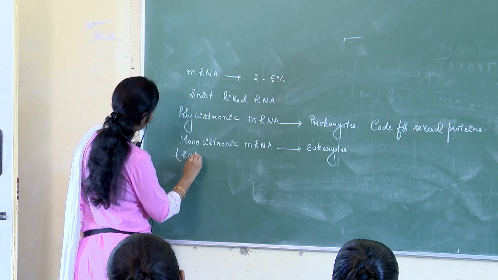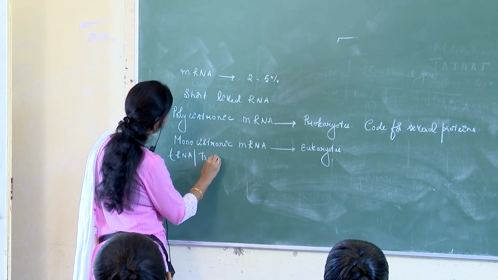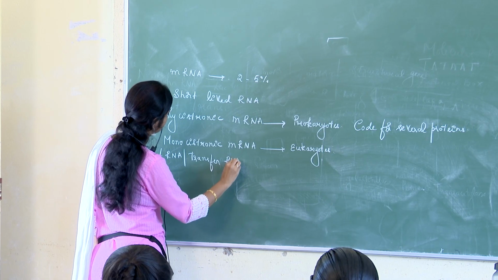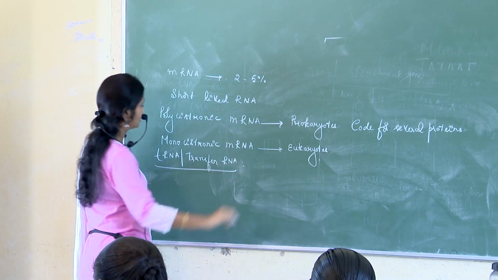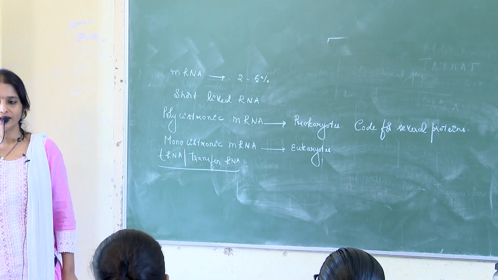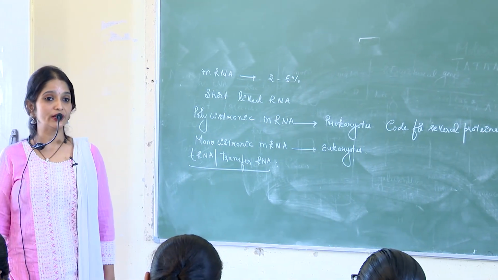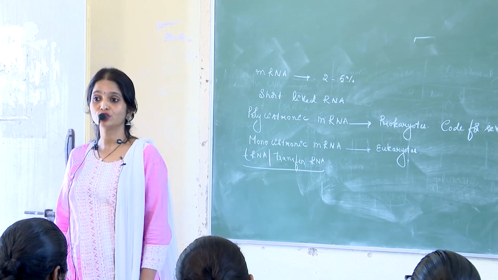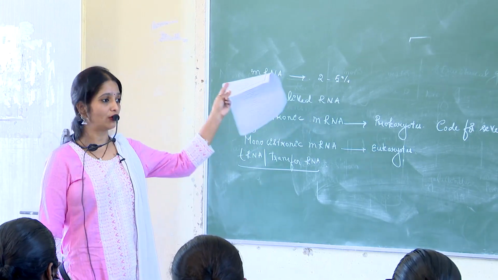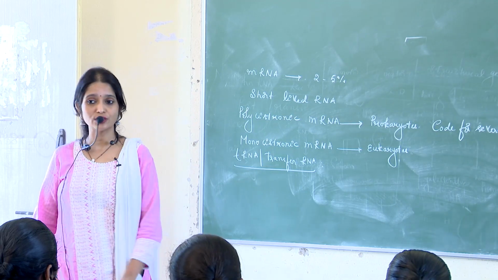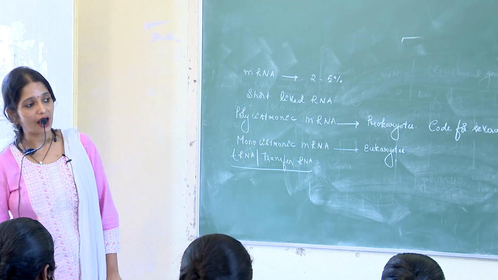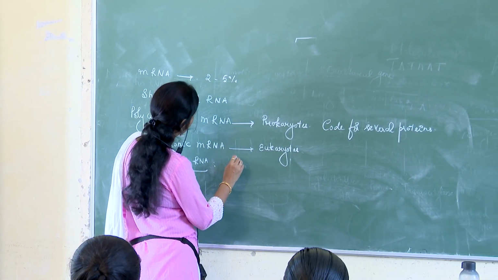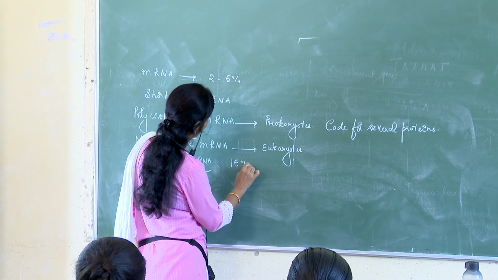tRNA or transfer RNA. Yes. Now tRNA or transfer RNA, this is the shortest RNA. Short-lived is which one? mRNA. Shortest RNA is which one? tRNA, and its concentration in the cytoplasm is around 15%.